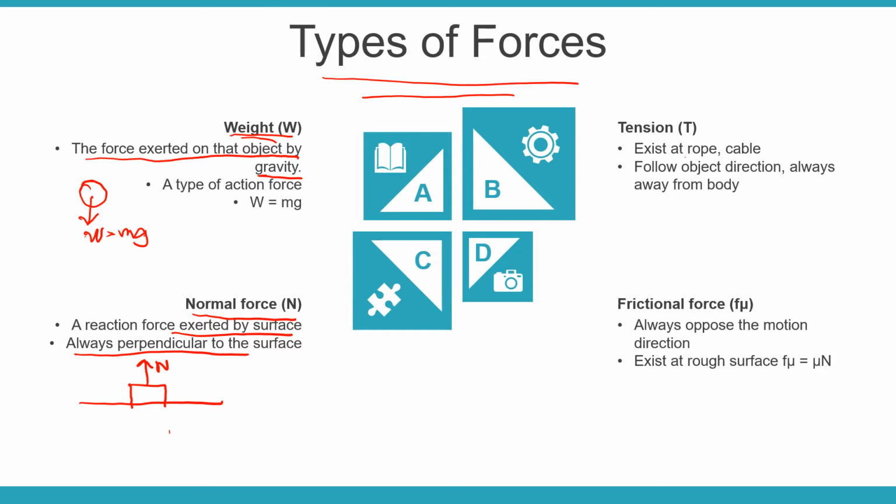Tension ni dia exist at a rope ataupun cable, following the object direction, always away from the body. So kalau kita ada benda yang kita gantungkan menggunakan rope ataupun kabel, so this is a tension. Okay, force yang dekat tali ni dia panggil sebagai tension.